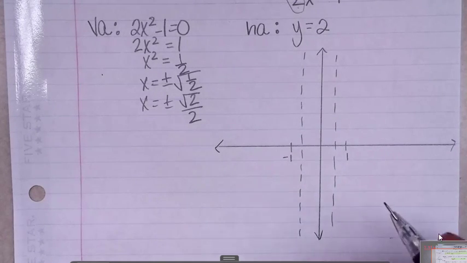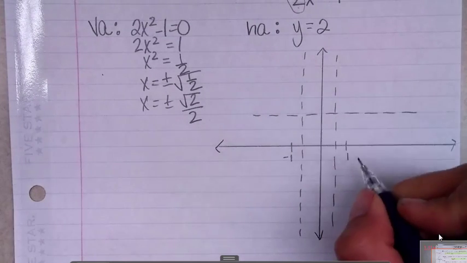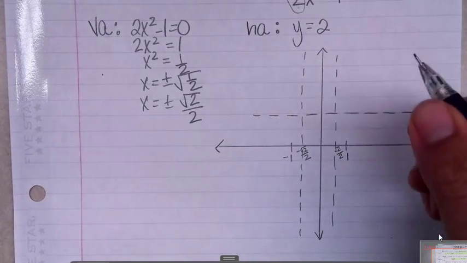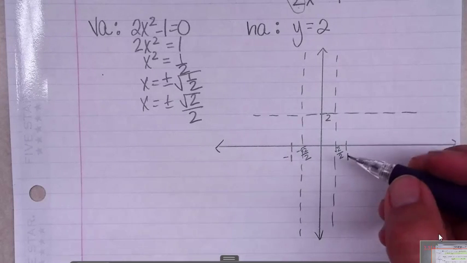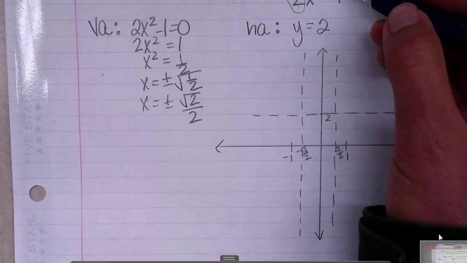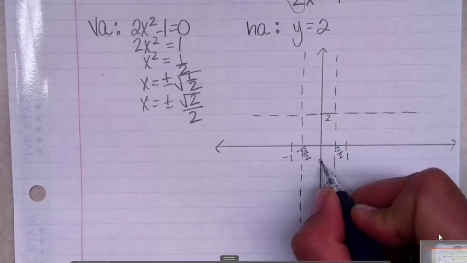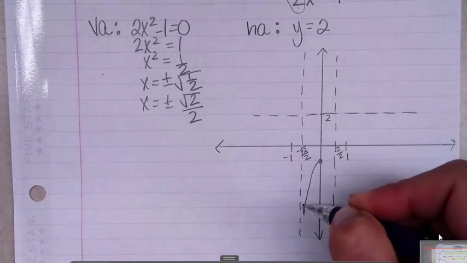And then my horizontal asymptote was at y equals 2. If I plugged in 0 for x, I'd end up with 1 over negative 1, so I end up with a negative 1 here. And then this is going to actually go down on both sides.